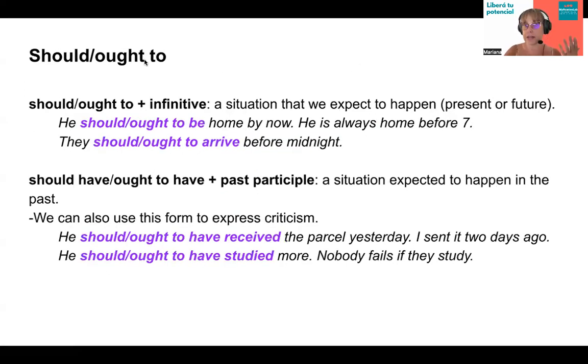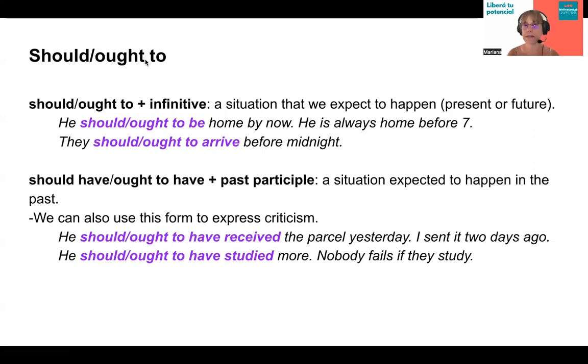Then we've got this pair of similar words like should and ought to. Also to refer to a situation that we expect to happen. He should or ought to be home by now, like the famous "debe estar," okay, "o debería estar en casa ya."